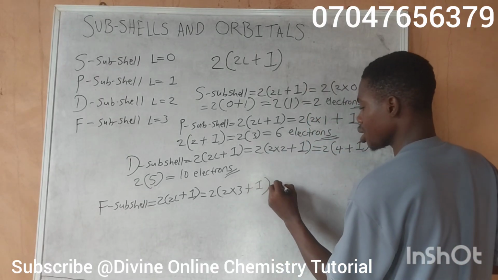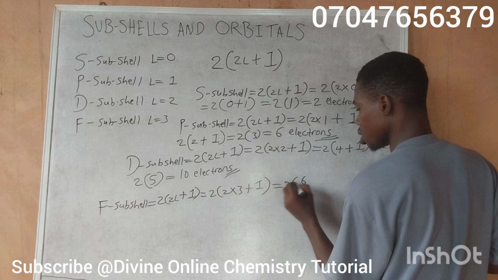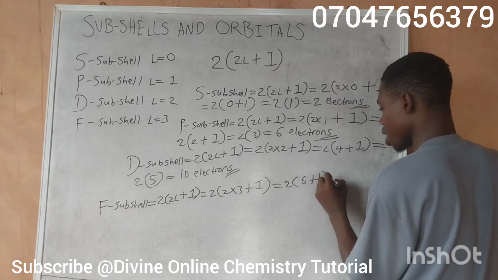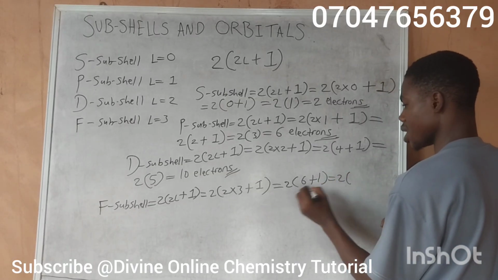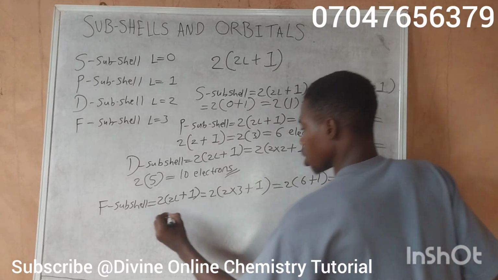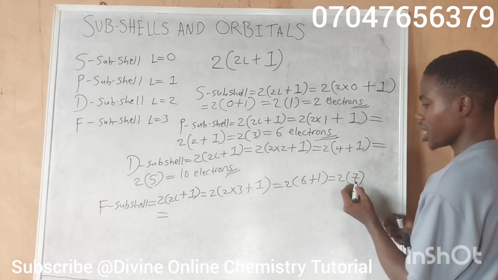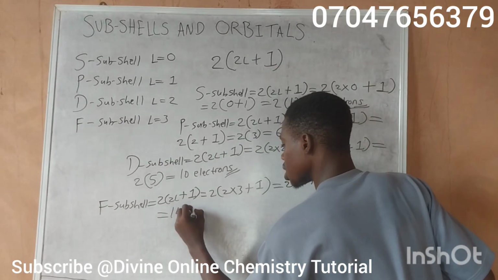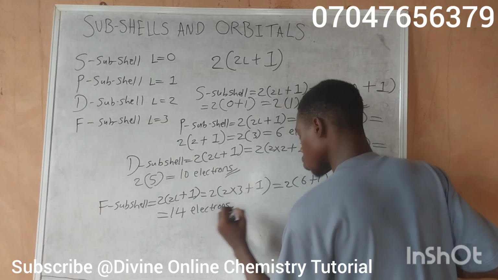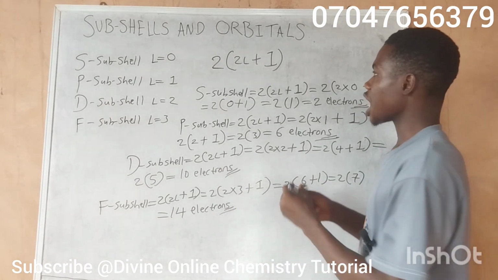Now close the bracket, equal to 2 open bracket 3 times 2, which is 6, plus 1. Close the bracket, equal to 2 into bracket 6 plus 1, which is 7. Close the bracket. So equal to 2 outside times 7 inside the bracket, which is 14 electrons. So the maximum number of electrons that the F subshell can carry is 14 electrons, as proposed by this formula.